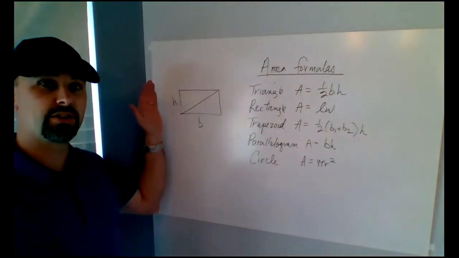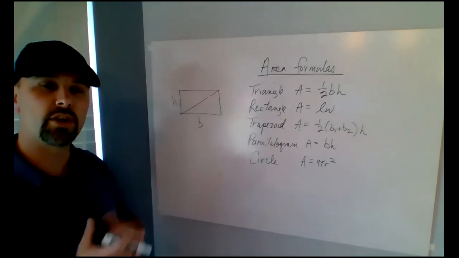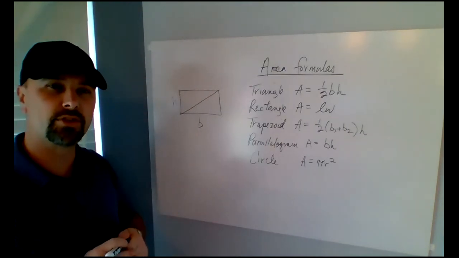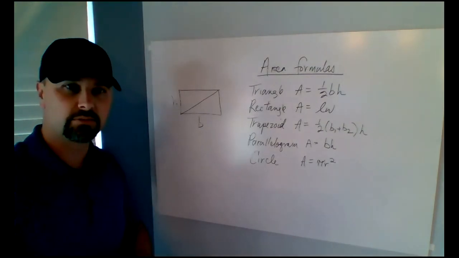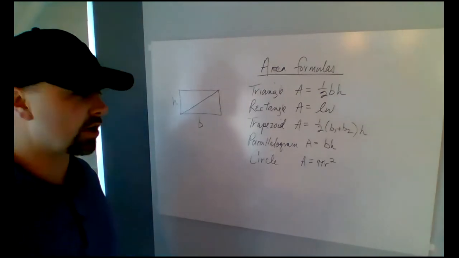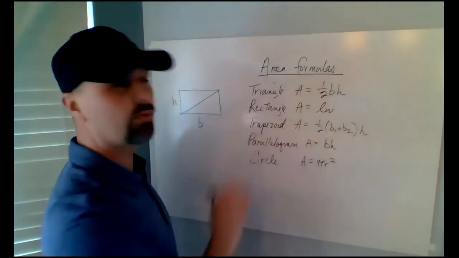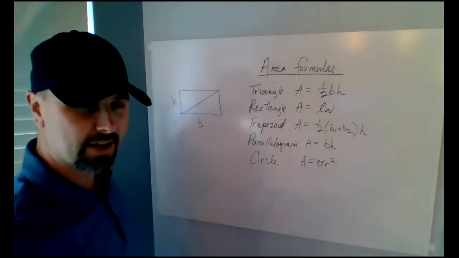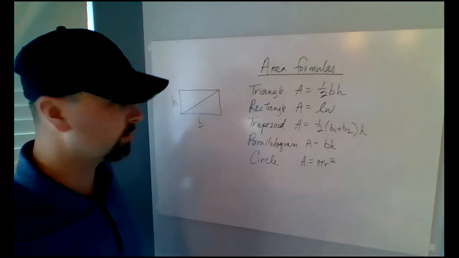And if you take a look at this rectangle, if we cut it in half corner to corner, we've turned it into 2 triangles. And so a triangle always has half of the area of a rectangle. It's always half of a rectangle. And so that's kind of the way you're going to remember this formula. Think about a rectangle and how you would do it, base times height, but then divide it by 2, okay?